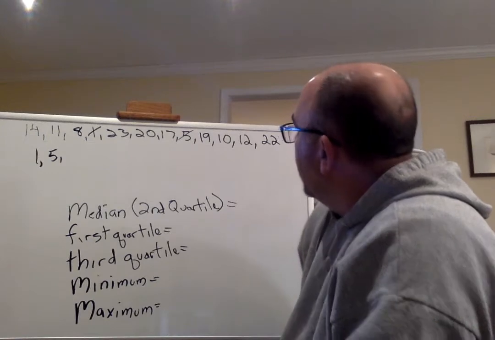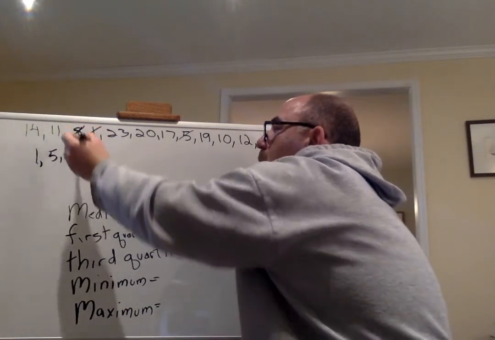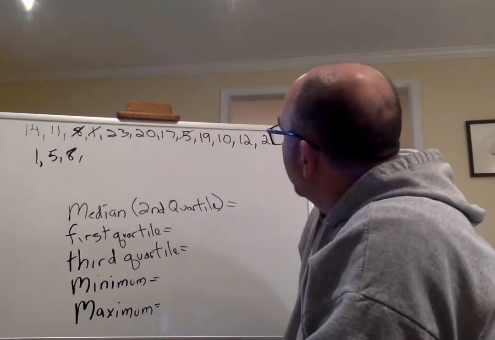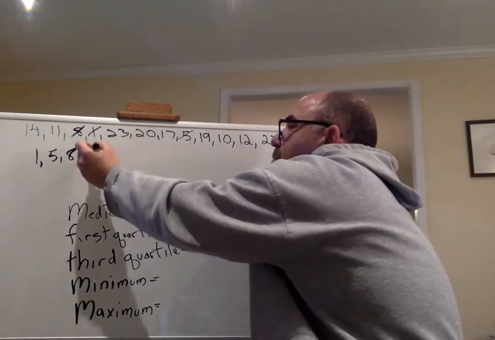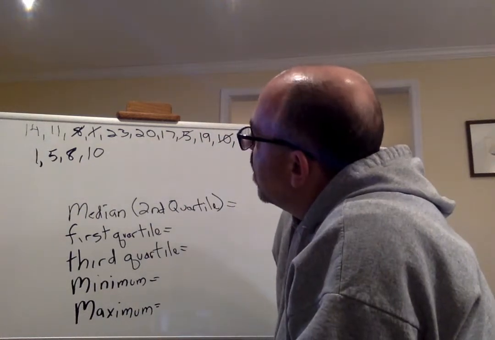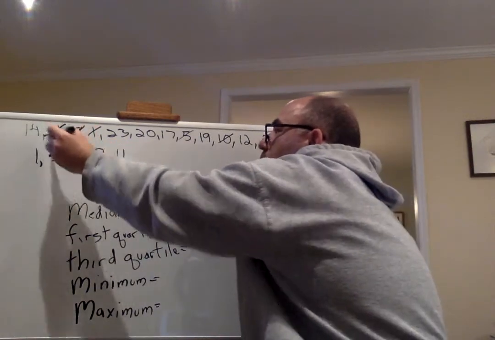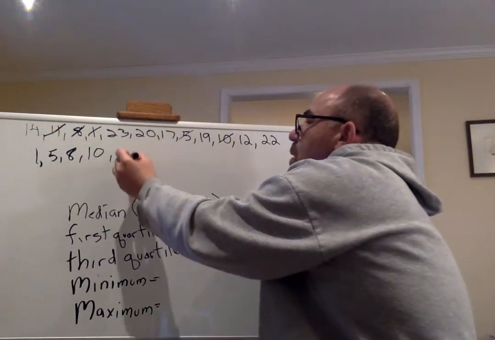Third number is going to be 8. Fourth number is going to be 10. Fifth is 11. Then 12.